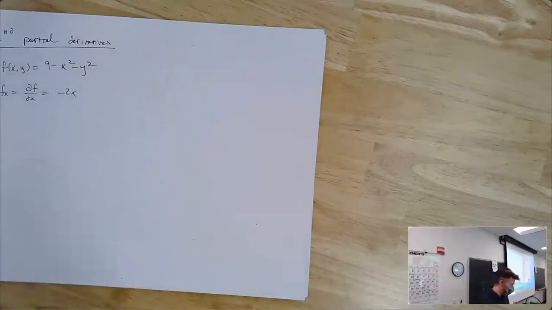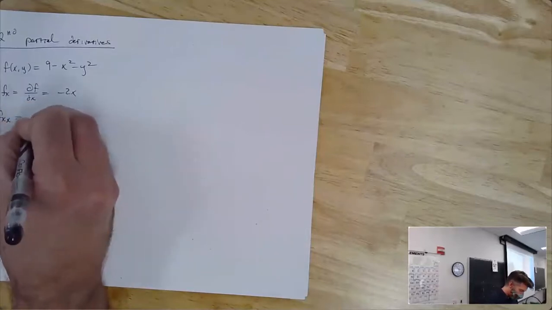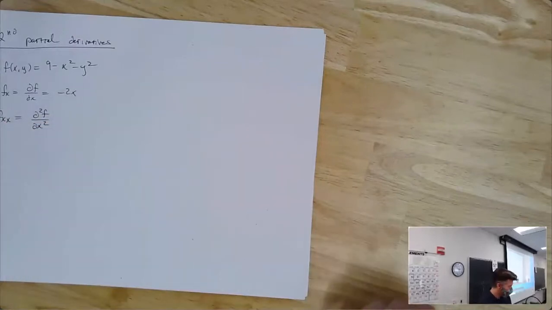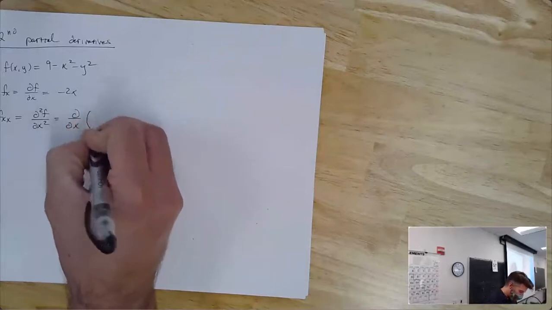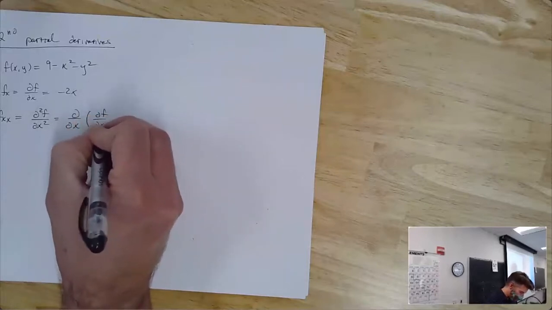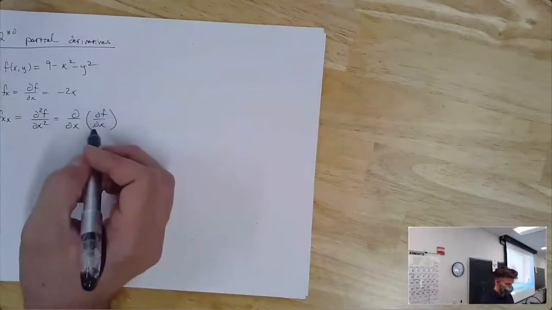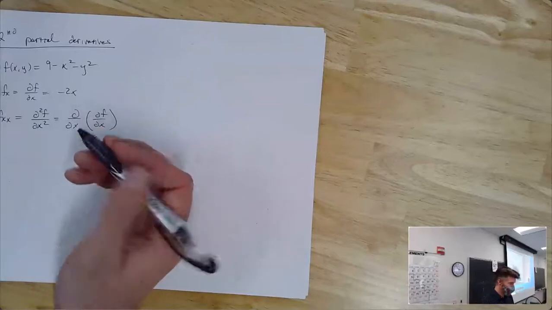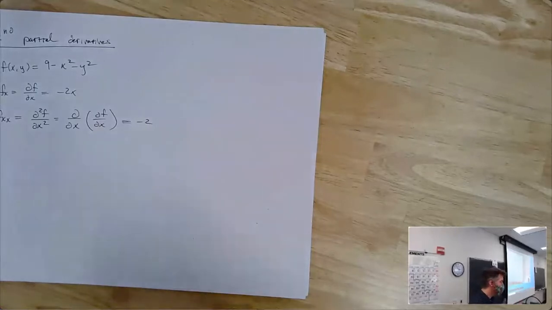And the second partial, which you can either write as fxx or del squared f del x squared, which is really just the partial derivative of the partial derivative of f. What's the derivative of the derivative here? It's kind of boring. Yeah, it's negative 2.